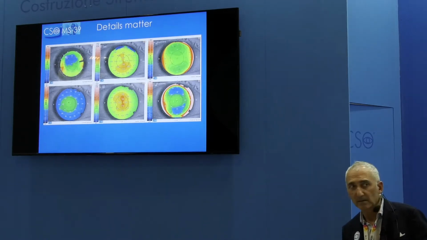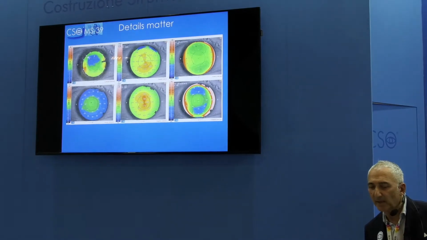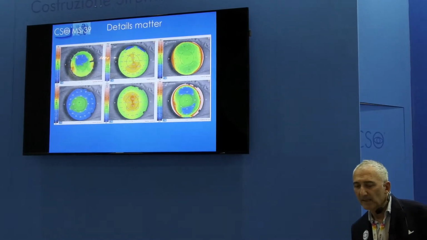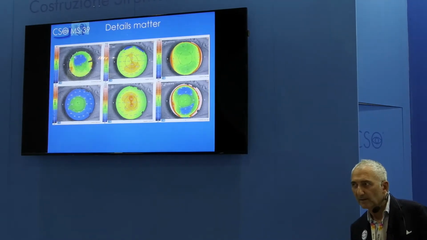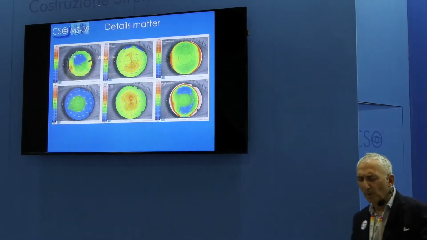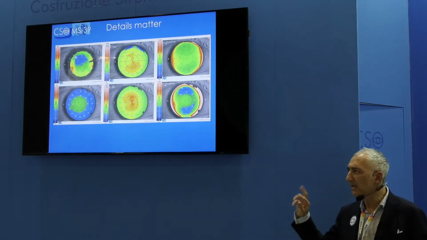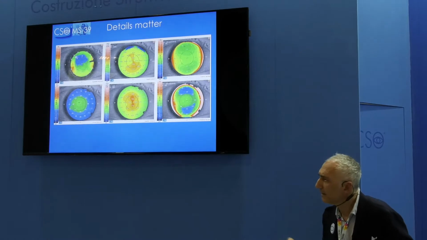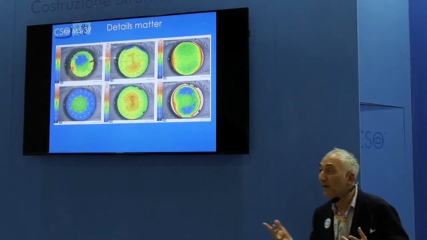Here, this is the epithelium. This is the anterior curvature.